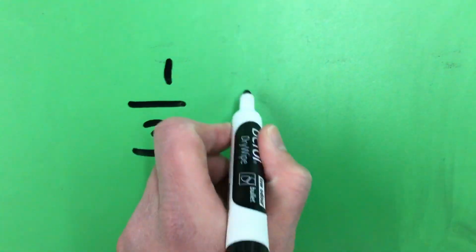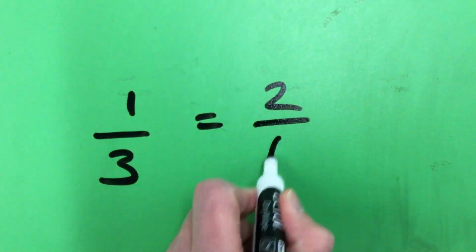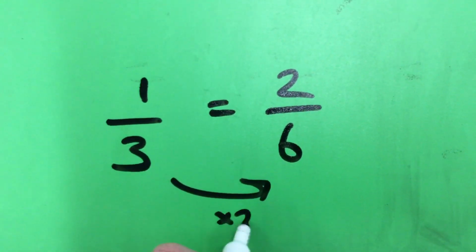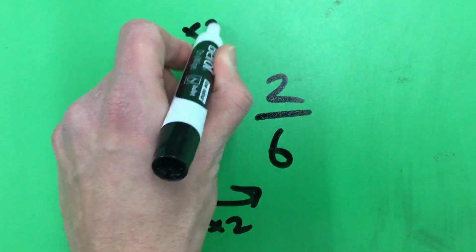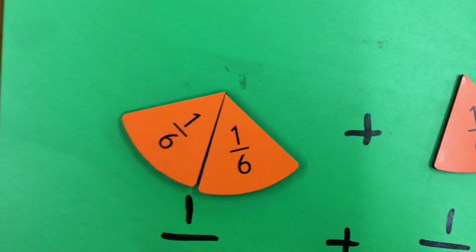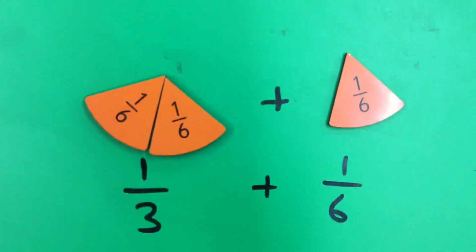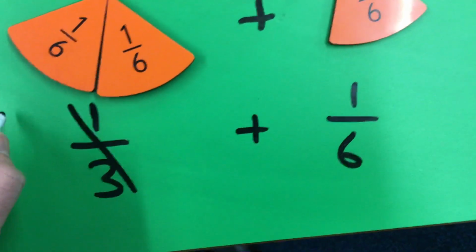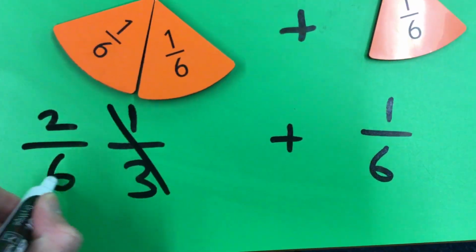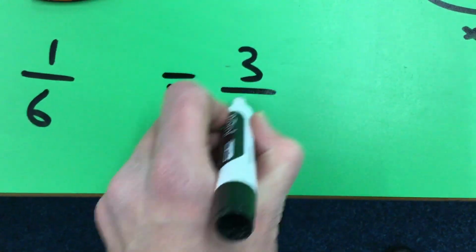I can prove that here. So I've done the same to the top and the bottom. And again, we can see from the cutouts that they are equivalent. So 1/3 add 1/6 is actually the same as saying 2/6 add 1/6, which is 3/6.